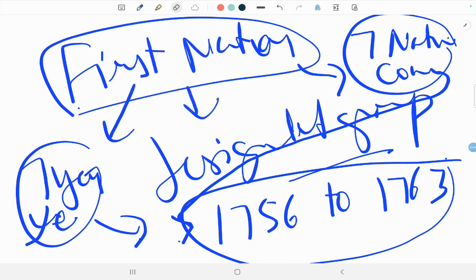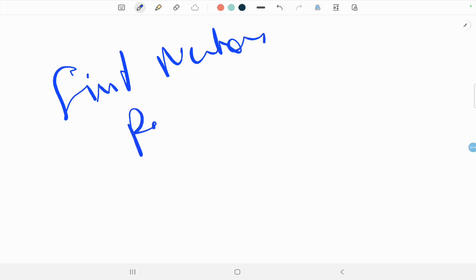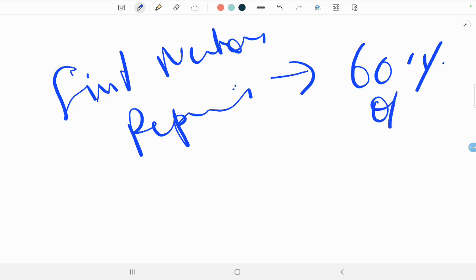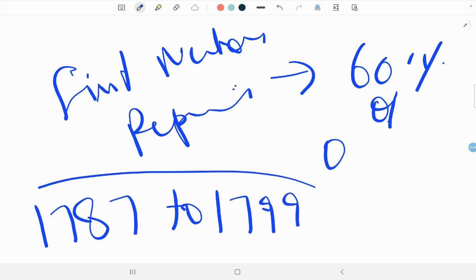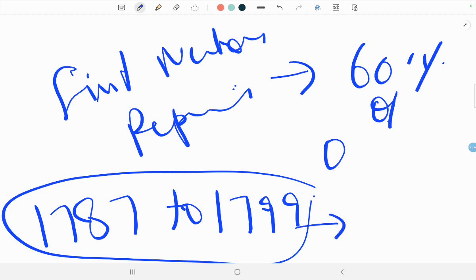So basically, First Nation represents around 60% of the Aboriginal population. And we can see that from 1787 to 1799, when the French Revolution came, France was also considered a First Nation.